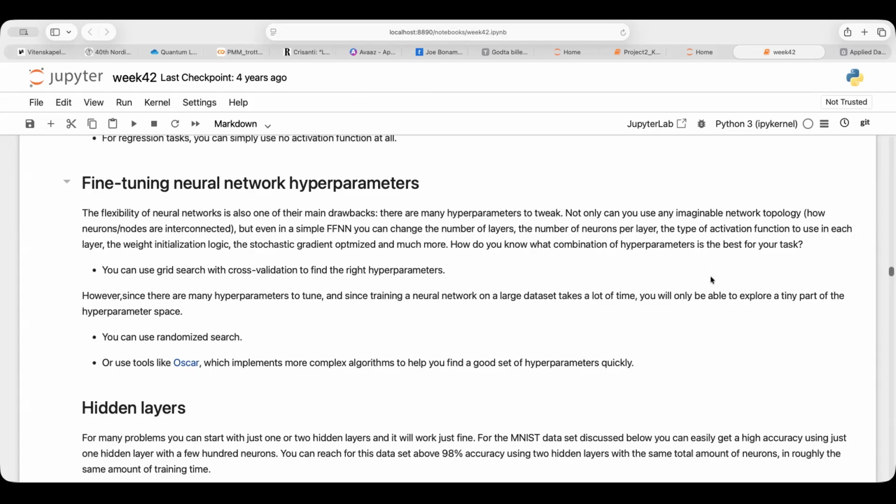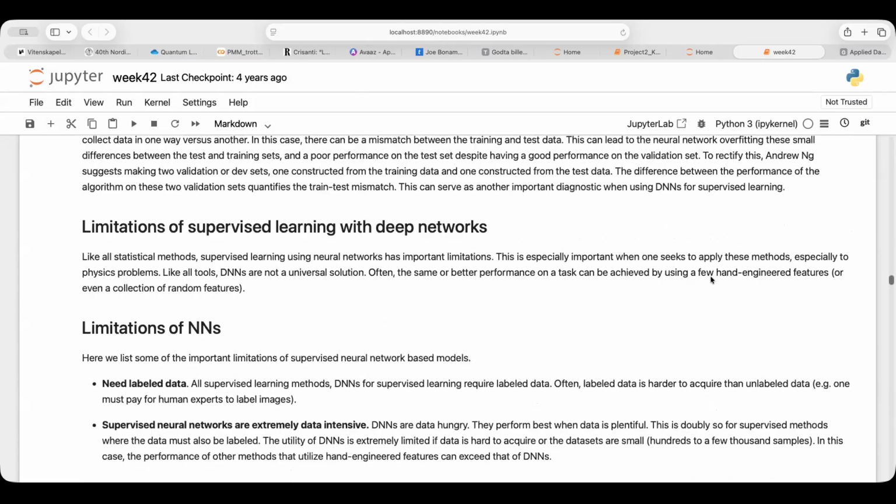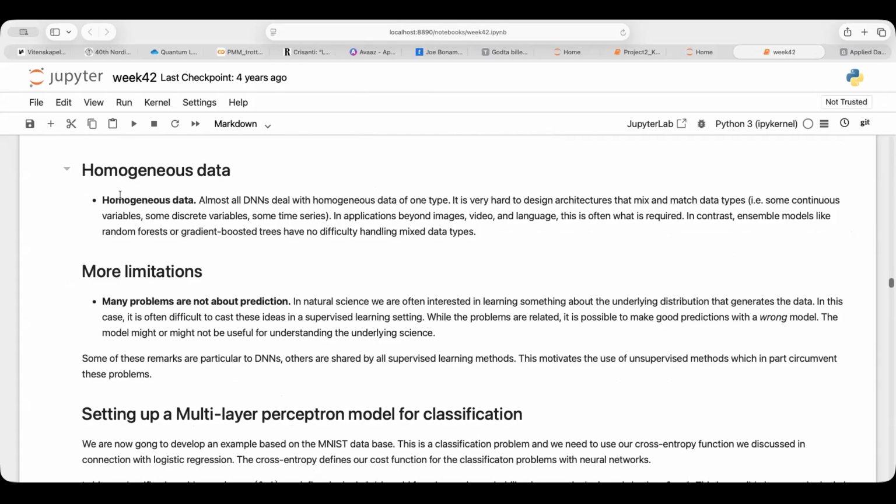But we are now going to look at this MNIST data set. So let me just do that before we discuss more of these technicalities here. There's one thing with the data set which we have. We are dealing with what is normally called a discriminative method, because we are going to feed in, let's say, images, and the model we will train will then allow us to discriminate between the different images we feed in, whether this is number 0, number 1, 2, etc. And the data which we're feeding in is a homogeneous set of data, and it's also labeled.